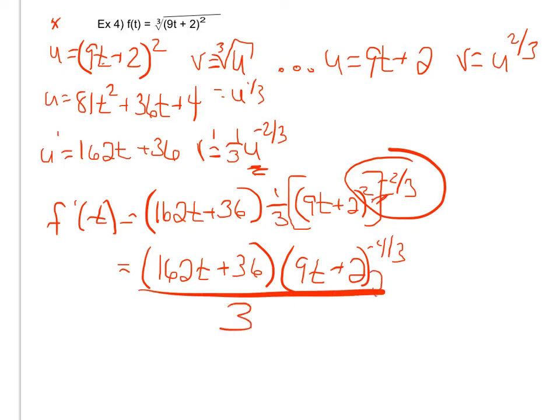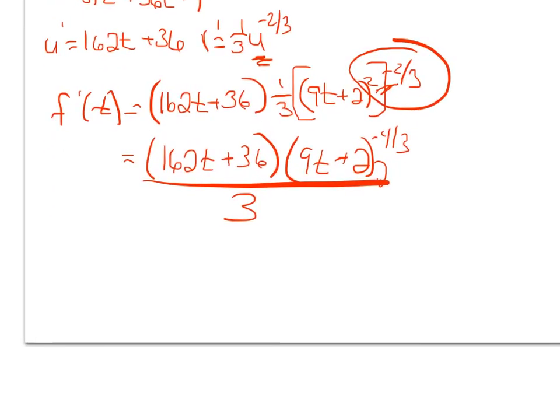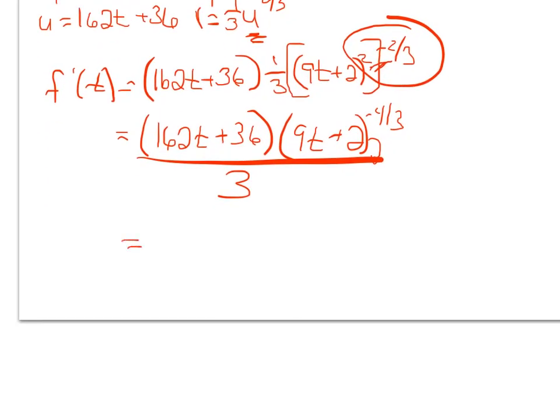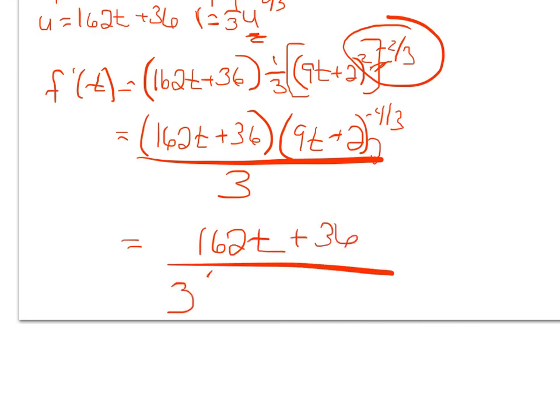And then I could also, if I wanted to, bring this to the bottom, which I think I will, just to make it look a little bit nicer. And I get 162t plus 36 all over 3 times 9t plus 2 raised to the positive 4/3.